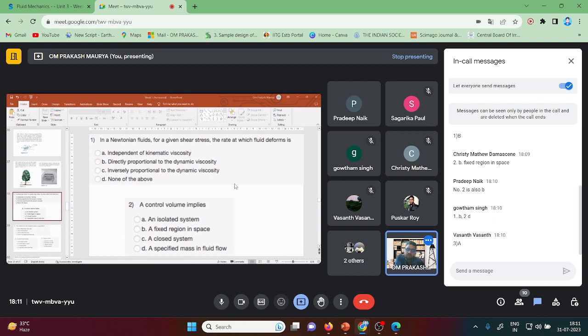But in the control mass system, all the substance and molecules present in the system do not change identity at any time. So this is the basic difference: in the control volume only the region is fixed, mass comes and goes, but in the control mass system the identity of the molecules or substance should not change.